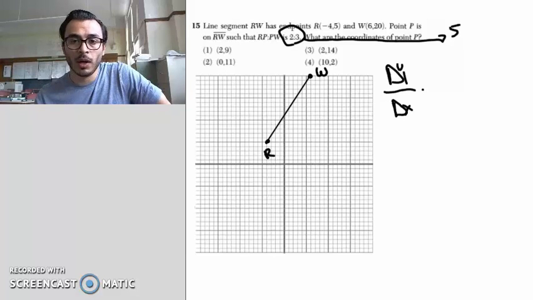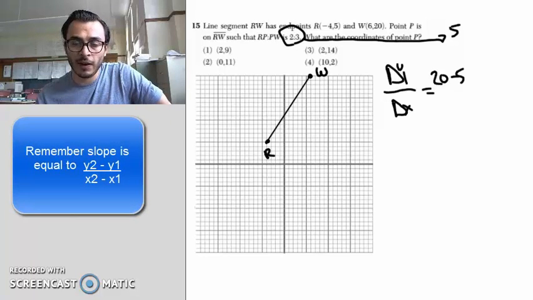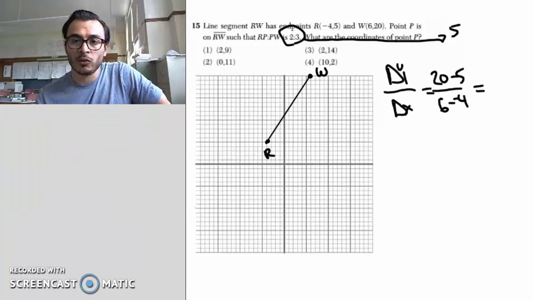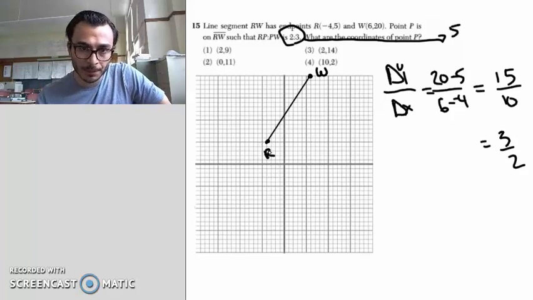Find the change in y over the change in x. That means delta y over delta x. So that's 20 minus 5 over 6 minus negative 4. So 20 minus 5 is 15. 6 minus negative 4 is 10. 15 over 10 reduces to 3 over 2. So that is the slope of the line.